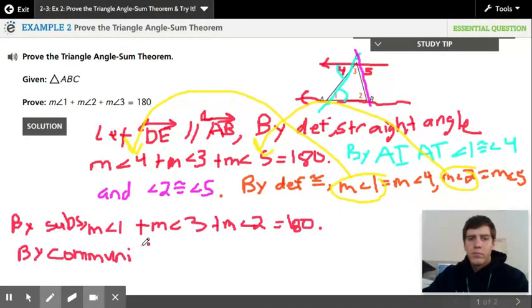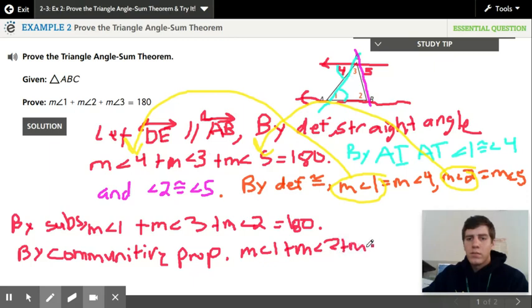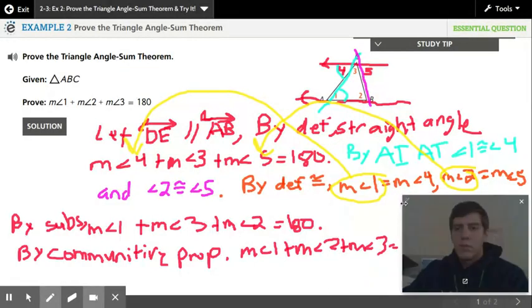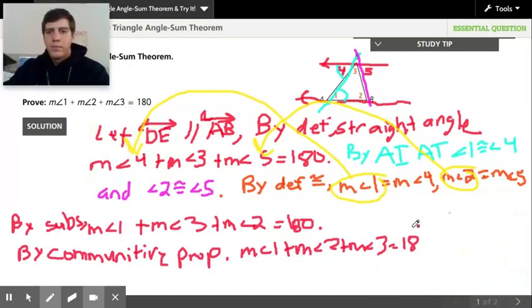By the commutative property, we can just rearrange those numbers: the measure of angle 1 plus the measure of angle 2 plus the measure of angle 3 equals 180. And that is what we were trying to prove.